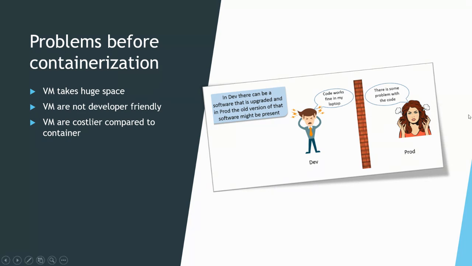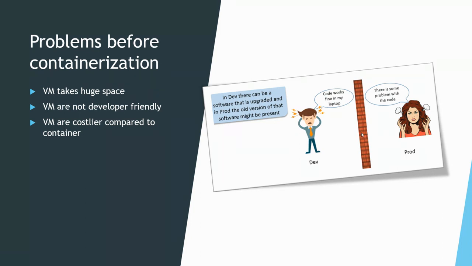But when he gives the code to the ops engineer, the code will not run fine, because the code needs many dependencies, packages and libraries to deploy successfully. All these dependencies and libraries may be present in the developer's local laptop, but not on the ops engineer's real-time server. That is why this issue was there.